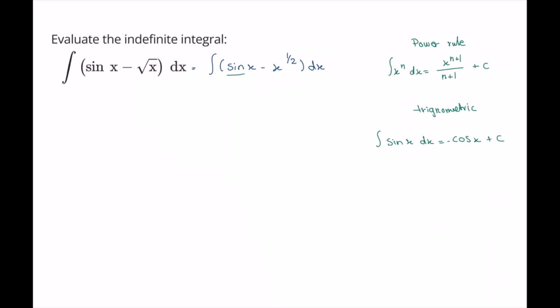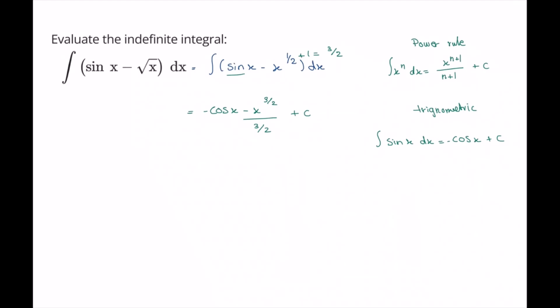Now, by applying these two rules, we will end up with negative cosine x minus x to the power of the new rule, which is 1 over 2 plus 1 equals 3 over 2. So negative x to the power of 3 over 2 over the new rule, which is 3 over 2, plus c. Now we will have to simplify.